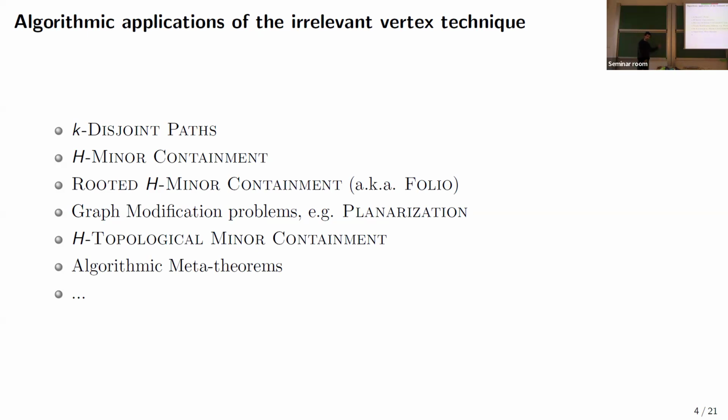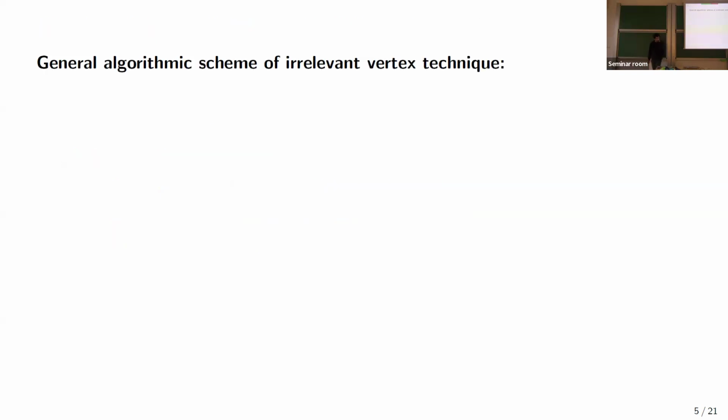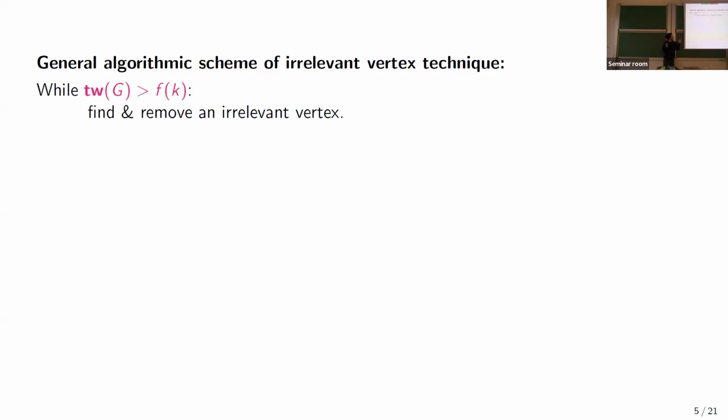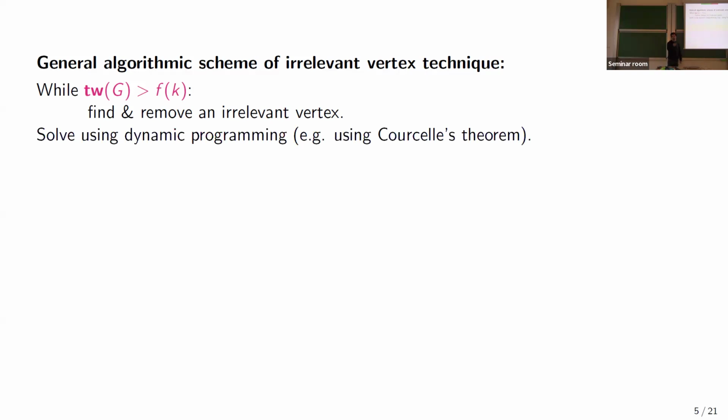It's a technique that is very well established in the parameterized algorithms community. And typically, the algorithm scheme that this technique follows is the following. As long as the tree width is large enough, find me irrelevant vertices. When the tree width becomes small, solve the problem using dynamic programming. And if your problem is expressed in MSO, then you don't even need to write the dynamic programming. Courcelle's theorem will give it for you.